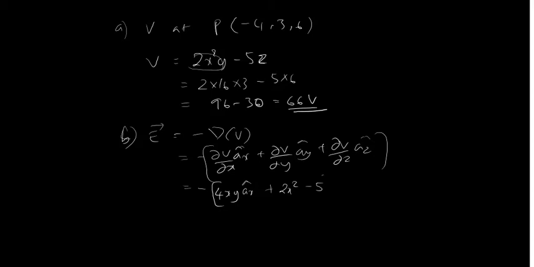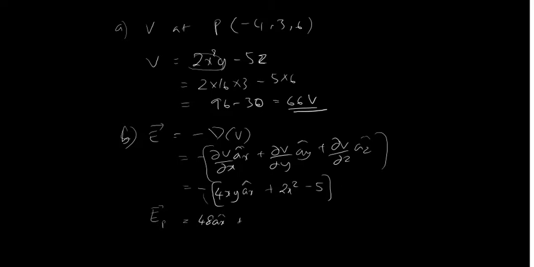So you have to get the expression for E and the value of E at P. Substitute the value of x and y. x is minus 4, y is 3, so you will get minus 4 into minus 4, that will be 16, 16 into 3 is 48, so minus of minus, plus 48 Ax cap.